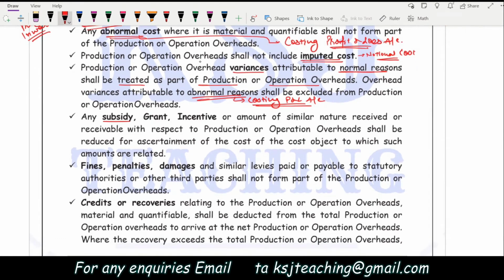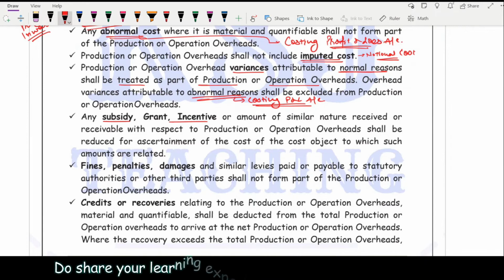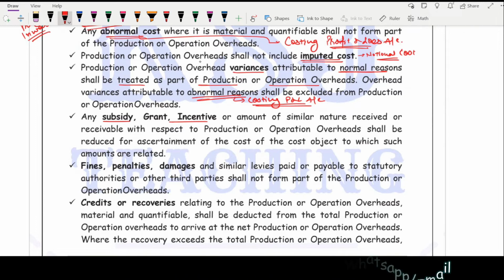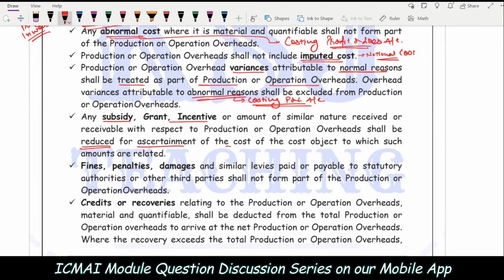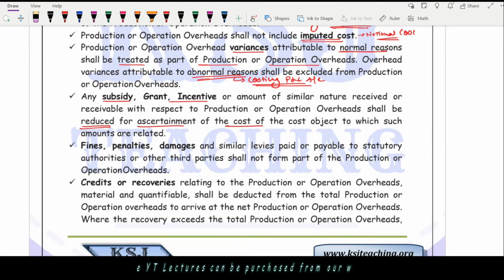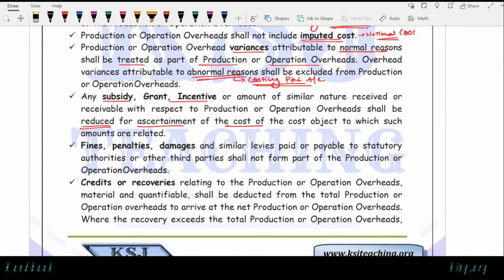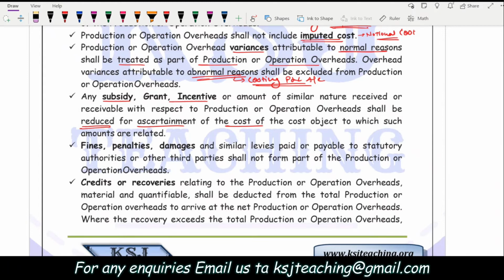Any subsidy, grant or incentive that is received, obviously it will reduce your cost, right? It shall be reduced for the ascertainment of the cost object to which such amounts are related. If you are getting some subsidy from the government, or some grant from some agency, then it will reduce your production overheads.